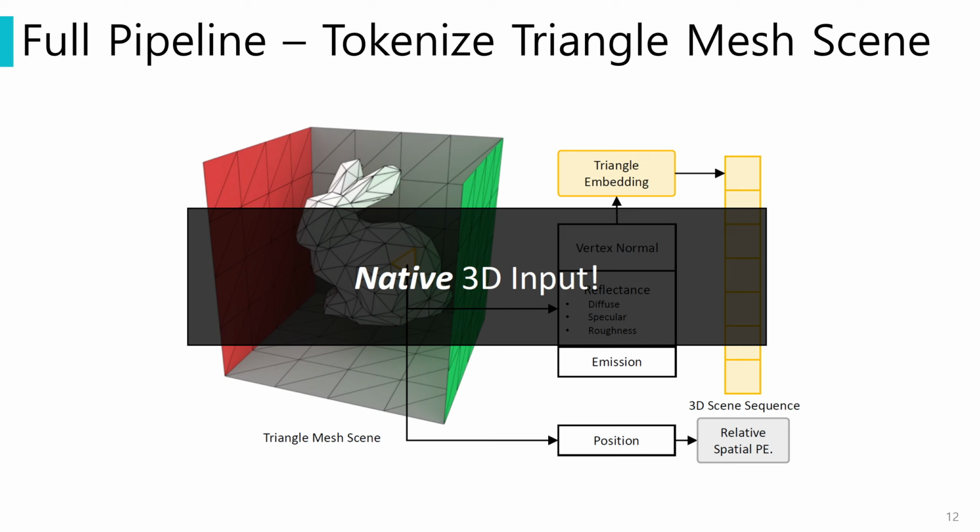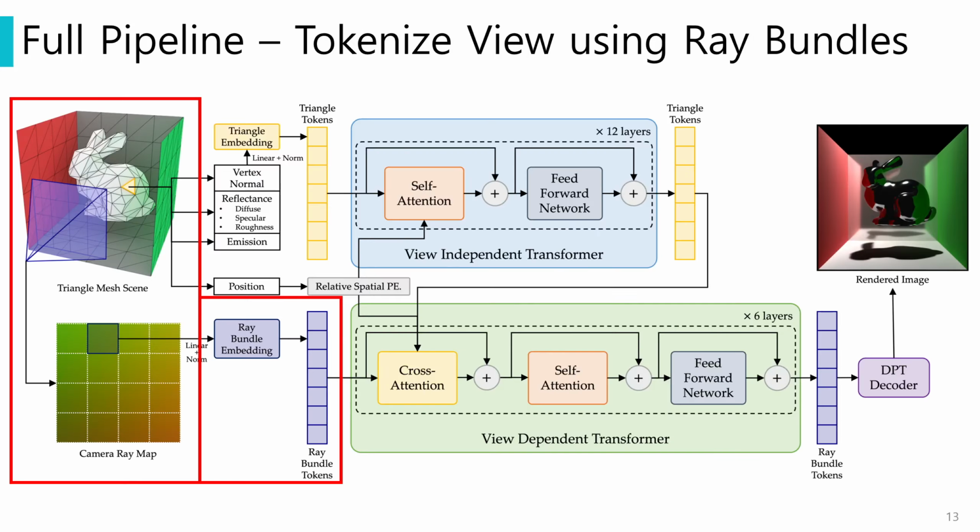This token is a vector embedding all its essential properties, its surface normal, its material reflectance, and any emission if it's a light source. Crucially, its 3D position is encoded using relative spatial positional embedding. This is the key mechanism for the transformer to understand the scene's geometry. As a result, RenderFormer can process native 3D input directly.